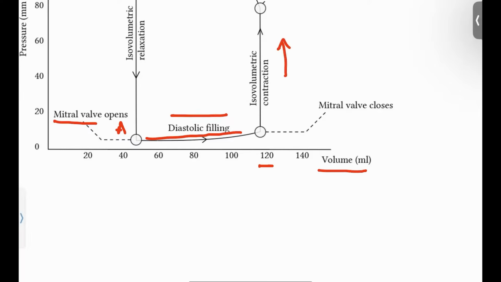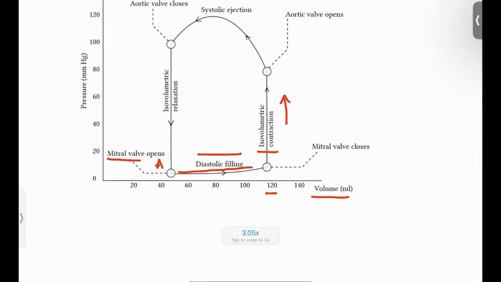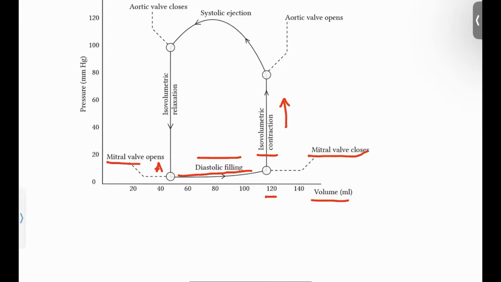This will be causing the pressure. Okay, the pressure will lead to isovolumetric contraction, and here the mitral valve is closed. This is the event for the first heart sound, S1. Then this isovolumetric contraction will reach some pressure, which will lead to the systolic ejection. Both the aortic and the pulmonic valves will be opening, and both the ventricles will pump the blood outside. And this is the C event.